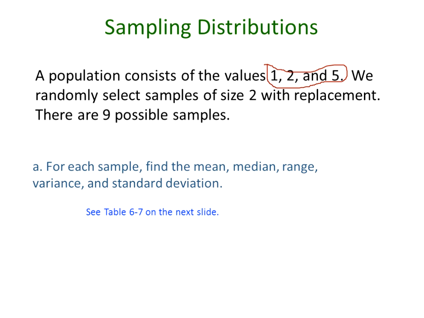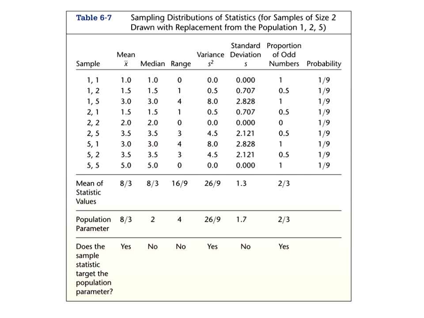And we're going to randomly select samples of size 2 with replacement. That gives us 9 possible samples. So we're going to find the mean, the median, the range for these 9 samples, and then compare it to what's really happening in our population. Okay, so this is the table I was hoping to get to.